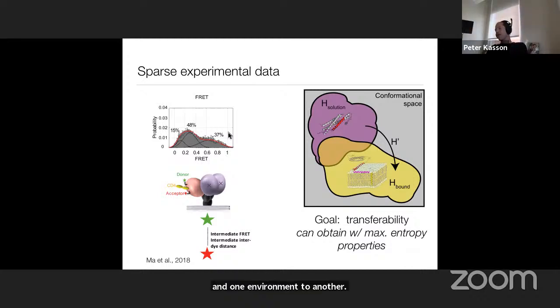And from statistical physics, if our methods for adapting our structural models from one environment to another satisfy maximum entropy properties, then that is the least perturbing transformation of the model from one to another, and thus represents the best we can do to understand the protein in its new environment.